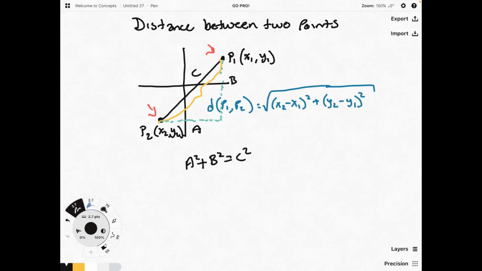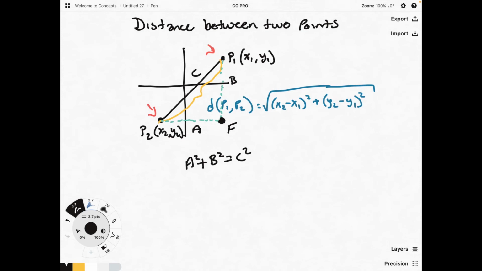So we're just using the Pythagorean Theorem, and by utilizing the distance between P1 and F, and P2 and F, the point here which we'll call F, that's how we're able to get C.